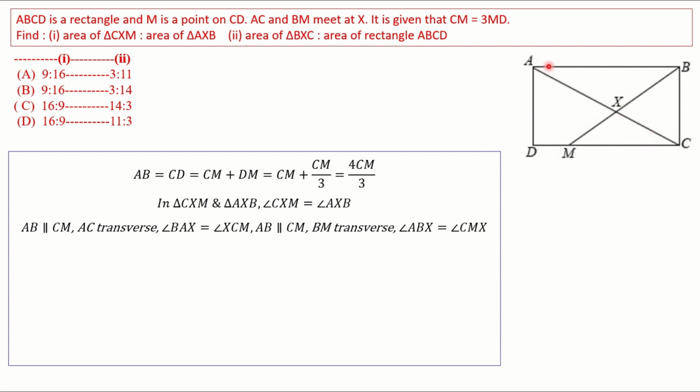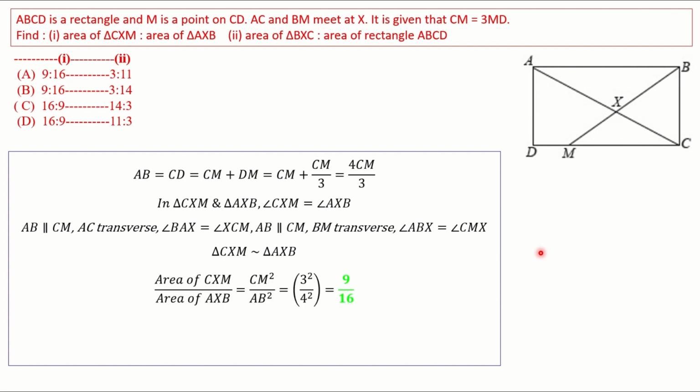Now similarly, AB is parallel to CM, so BM is a transversal. So angle ABX as well as XMC, or CMX, will be same. So from the angle rule, both are similar triangles.